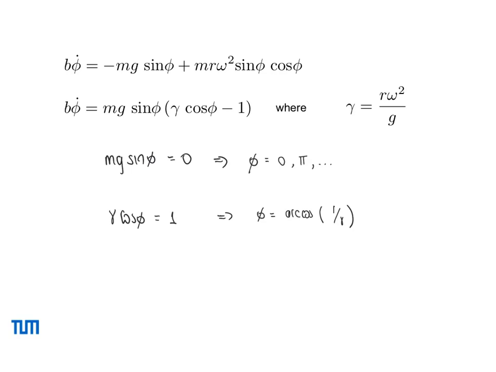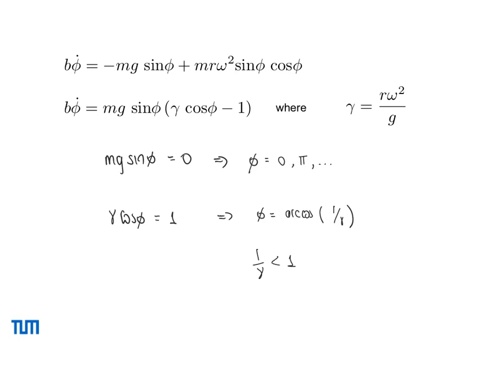Now my question is, is this function always satisfied? Can we have any value of gamma and find a corresponding value of phi? Well, no. Remember that this quantity remains bounded between -1 and 1. Therefore, we will need that 1 over gamma is smaller than 1.